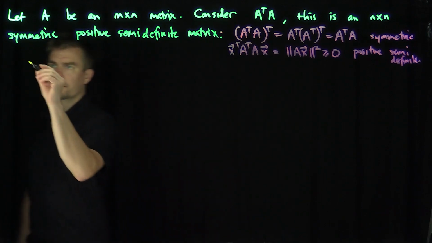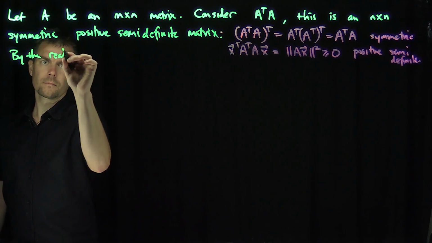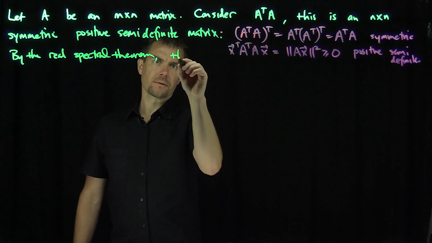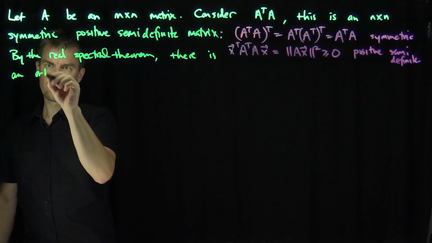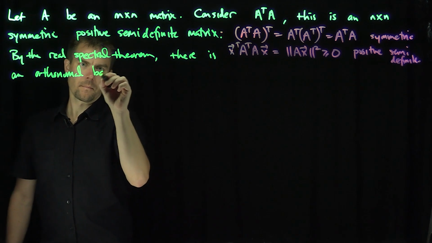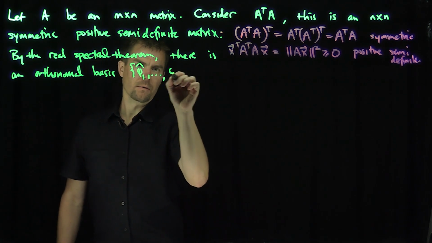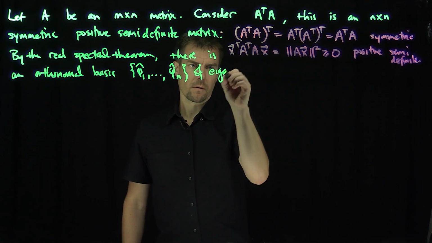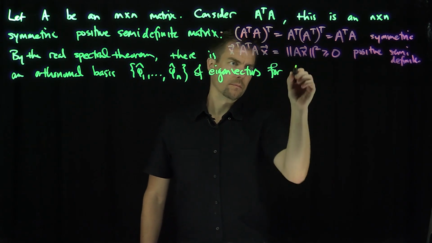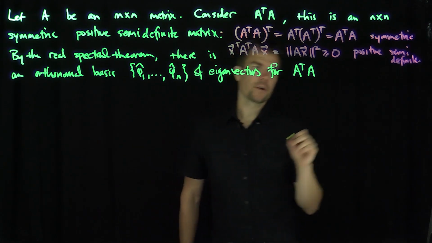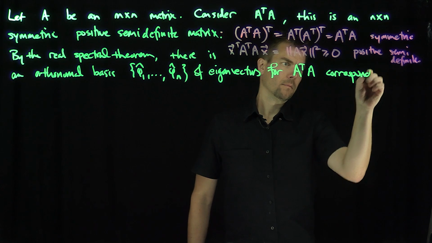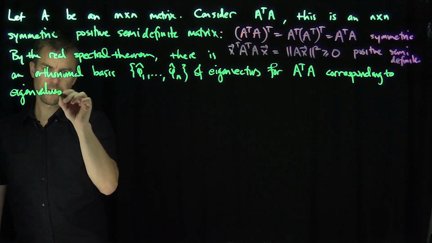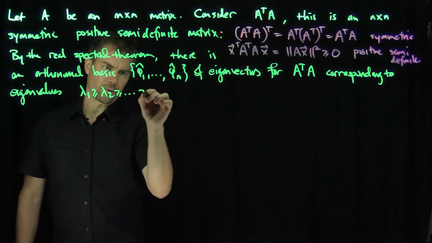By the real spectral theorem, there's an orthonormal basis phi 1 hat through phi n hat of eigenvectors for A transpose A, corresponding to eigenvalues which I will arrange in the following order: lambda 1 bigger than or equal to lambda 2, bigger than or equal to, all the way down to lambda n.